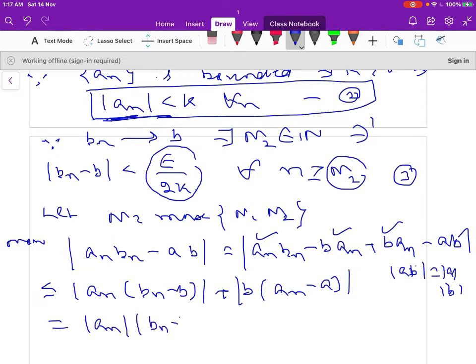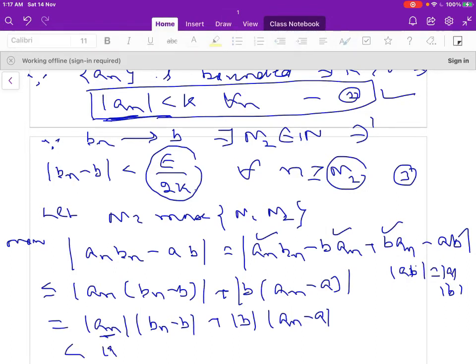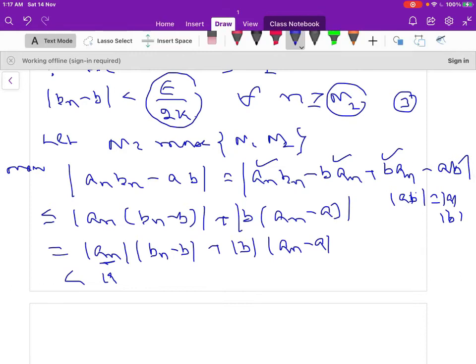So this is less than or equal to modulus of an into modulus of bn minus b plus modulus of b into modulus of an minus a. Modulus of an, since an is a bounded sequence, using equation 2, is less than k.